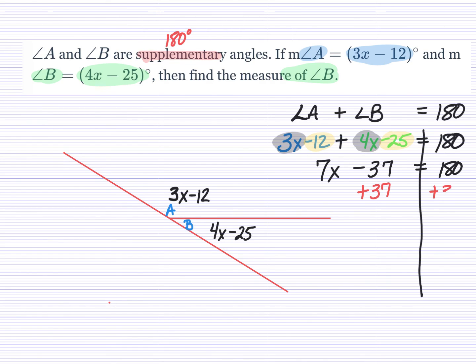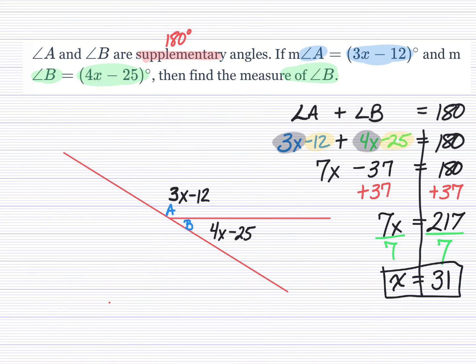So I add 37 to both sides. 180 plus 37 is 217. 7x equals 217. I need to divide both sides by 7. 7 goes into 21 3 times, and 7 goes into itself 1 time. So 3, 1, x is my answer.